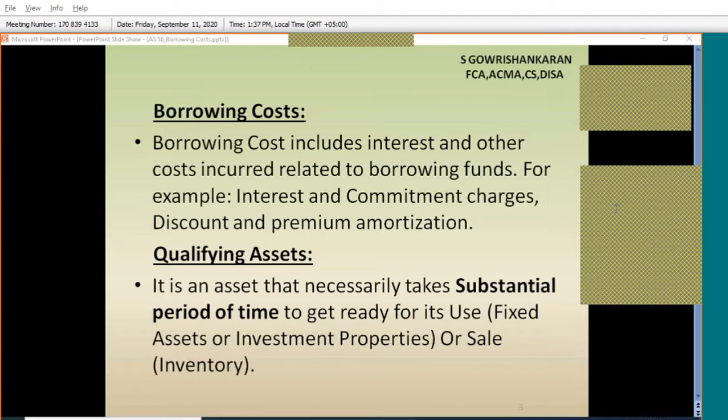This will take more time. Machinery is a fixed asset, it is not inventory. I'm asking about inventory. Inventory is a current asset. Any one product which you can't immediately sell to the customer. You have to wait for many years, then only you can sell these goods. Many products are available like that.